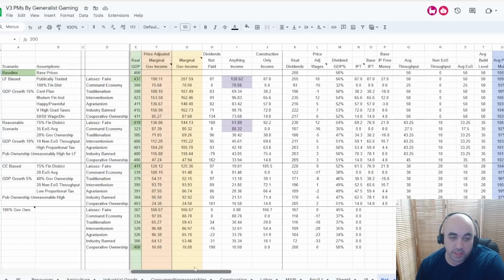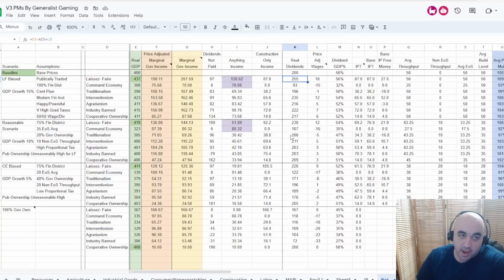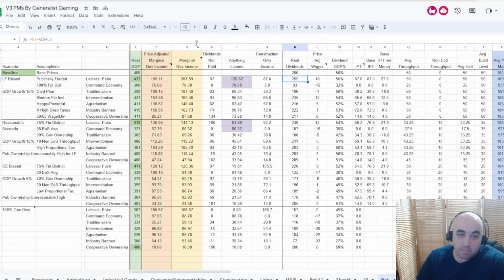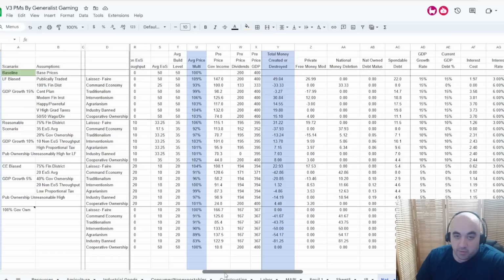We feed out to get this real GDP by multiplying the price multiplier, and then we use this to get real dividends, and then with the real dividends we multiply it again by a bunch of stuff in order to feed out our marginal government income, from which other stuff comes.